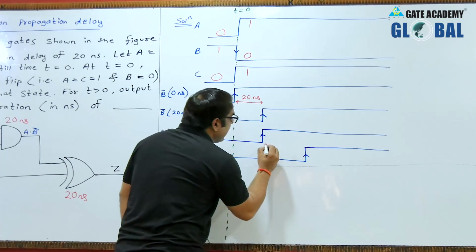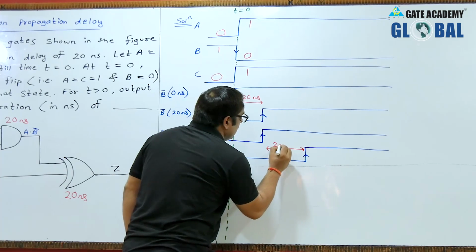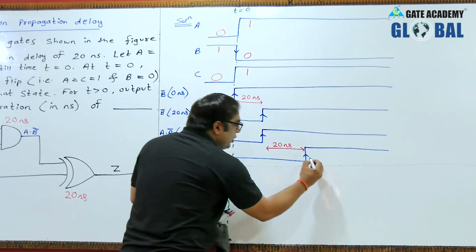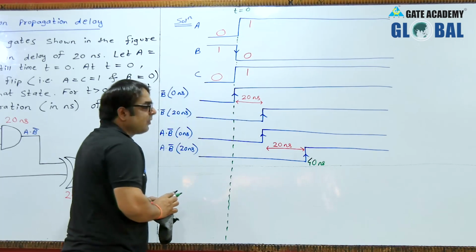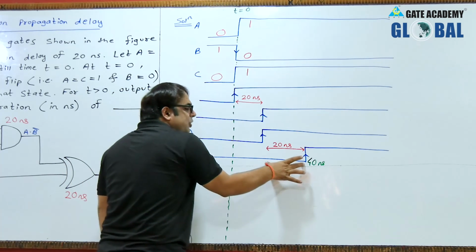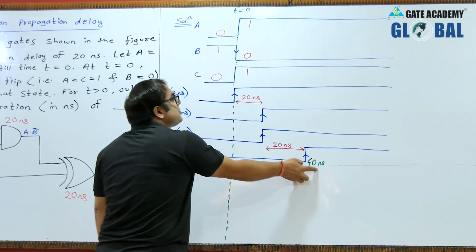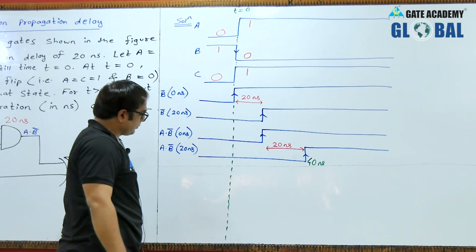So this is again a difference of 20 nanosecond. If I want this duration, it will be 40 nanosecond, because from here to here is 20 nanosecond, and again 20 nanosecond. So this transition is at 40 nanosecond from the initial state at 0 nanosecond.